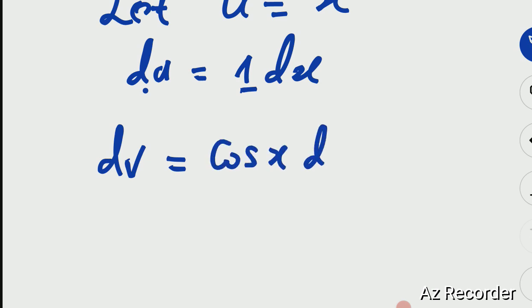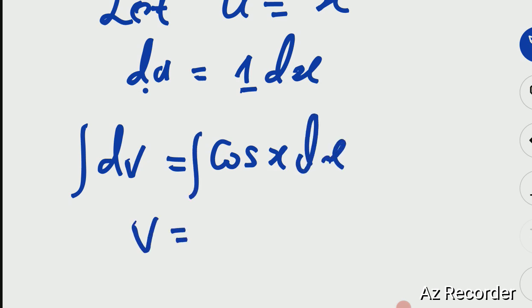Now we integrate this with respect to x. So v will be equal to the integral of cos x dx. Remember, when you differentiate cos x, you have negative sine x. But when you integrate cos x, you instead have a positive, so it's the reverse. You have sine x, which is positive.